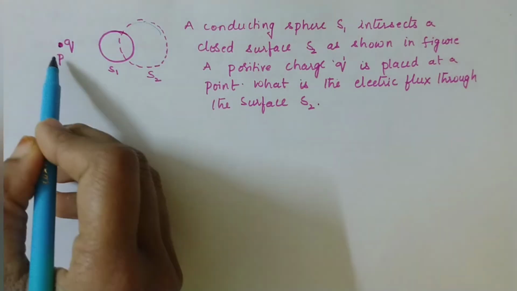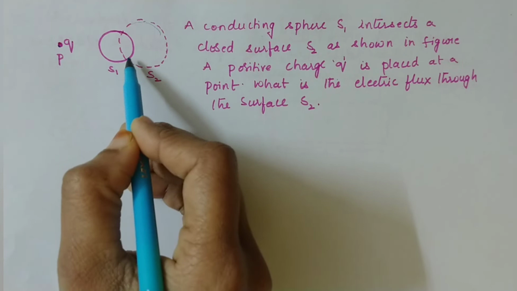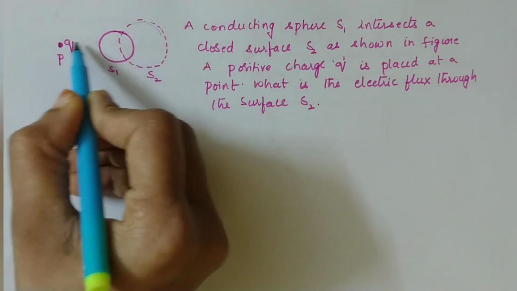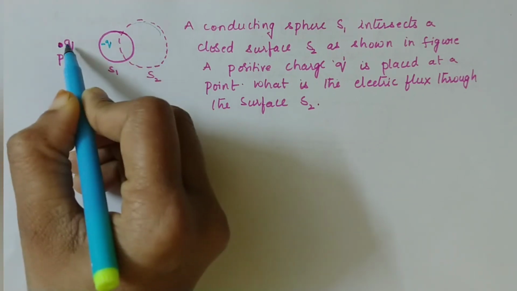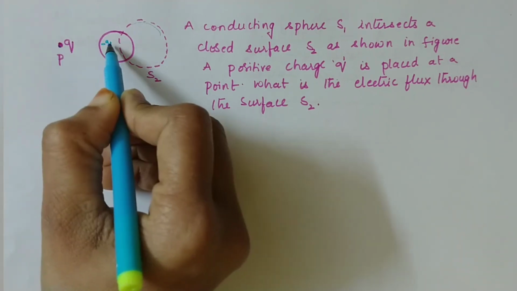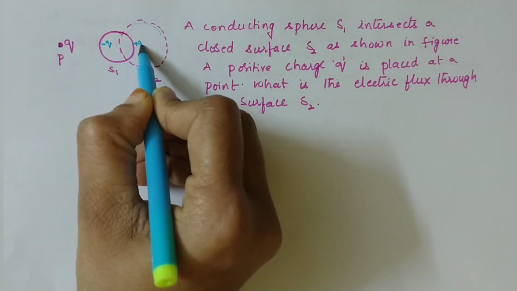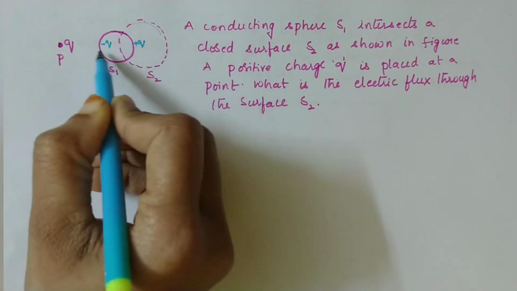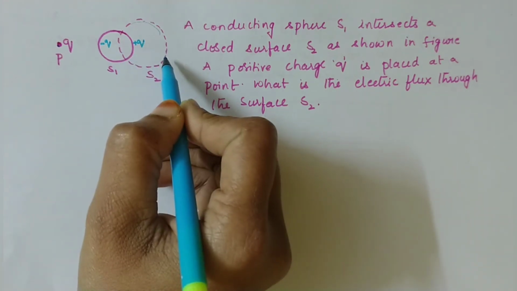In the absence of this charge, flux through the surface would have been 0. Now because you have kept a charge here and it is a conducting sphere, we know conducting sphere has a large number of electrons in it. Due to induction, those electrons get attracted and a minus Q is deposited close to P. If minus Q charge is deposited here, this side you will have a charge plus Q. The net charge on the sphere is 0, but minus Q is towards P, plus Q is on the opposite side.